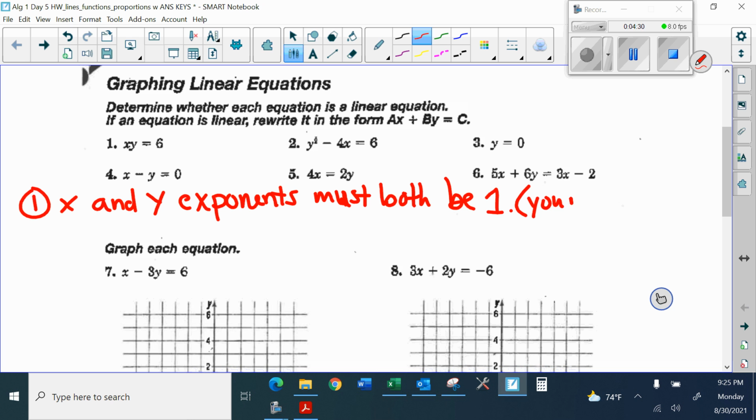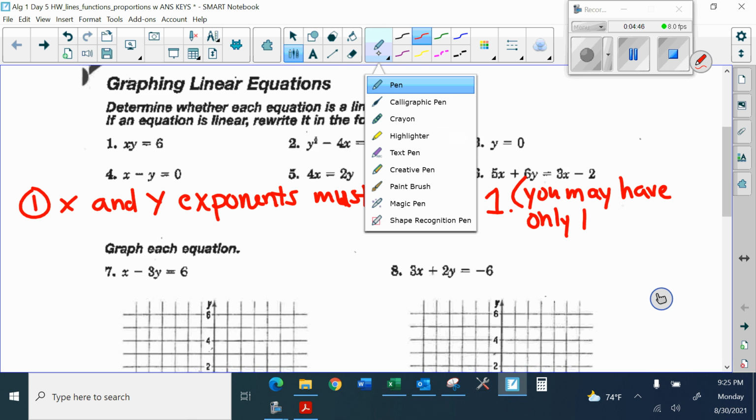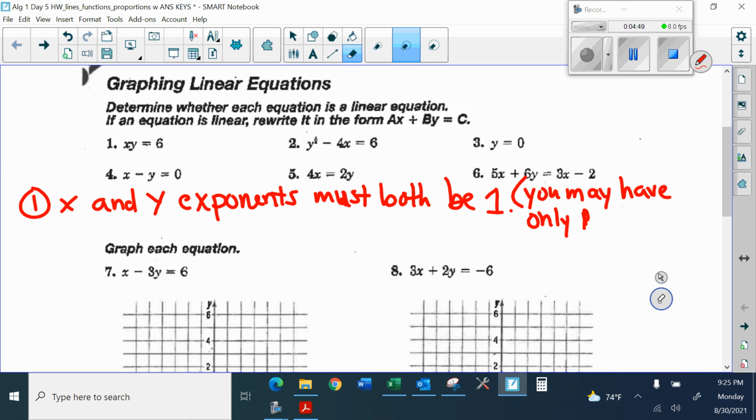You may have only an x or y in the equation.